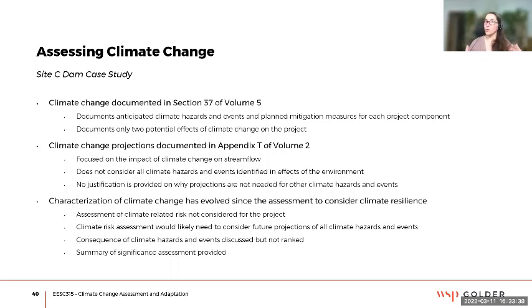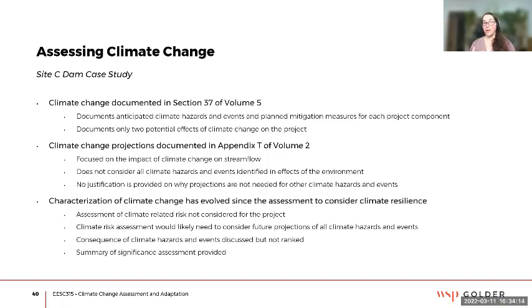So again, when you're reviewing an environmental assessment, that might be a bit of a disconnect. They may be deemed not to be significant, and that could be okay, but it's just good to write that down. The characterization of the climate change has evolved since this assessment to consider climate resilience. So here they've only really provided that climate projection. So what I talked about at the beginning, they have not really considered climate risk, so assigning likelihood and consequence and risk scores with everything.